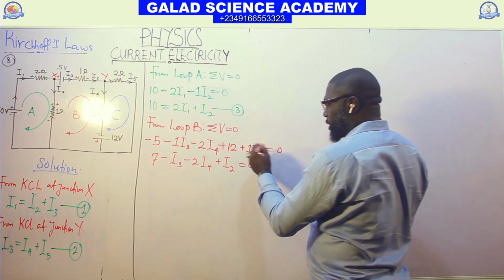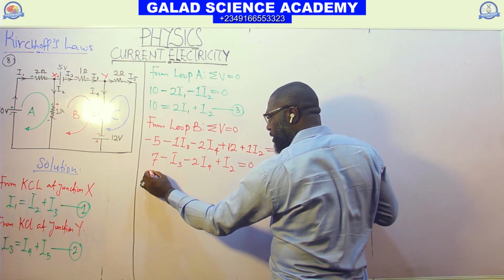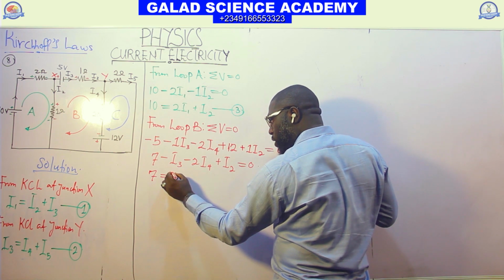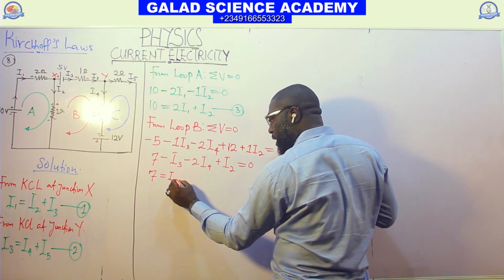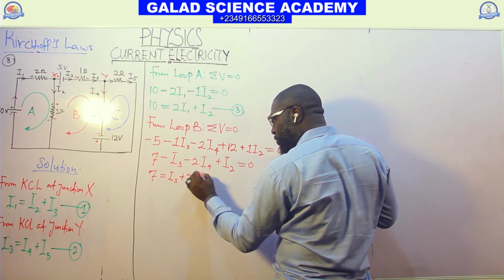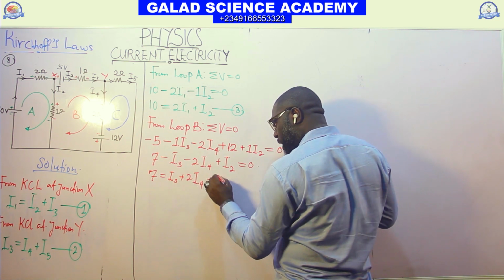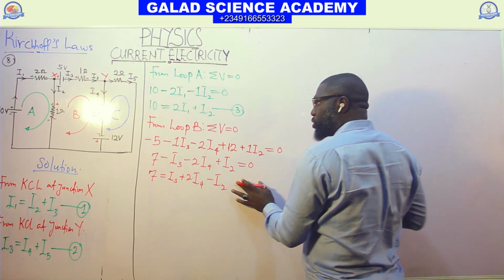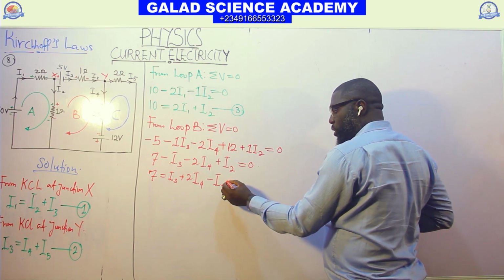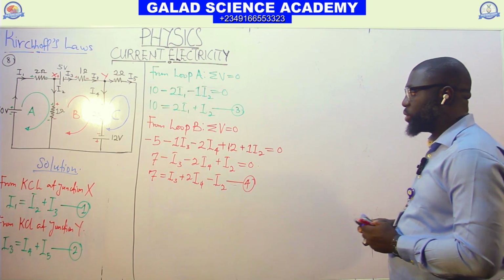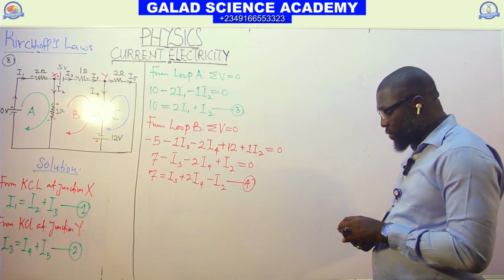So this expression, I can change it to be like this. 7 equal to current I3 plus 2I4 minus I2, everything is minus I2 to be like this. This will give me Equation 4. Now I said we are going to have how many equations? 5.